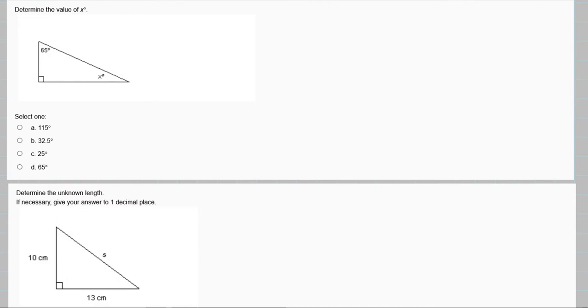Determine the value of x. Here's a nice simple one. We know that all of the angles in a triangle sum to 180 degrees. This symbol I'm drawing here means sum. You've maybe seen it before, maybe you'll see it later. So this angle here is 90. This angle here is 65.